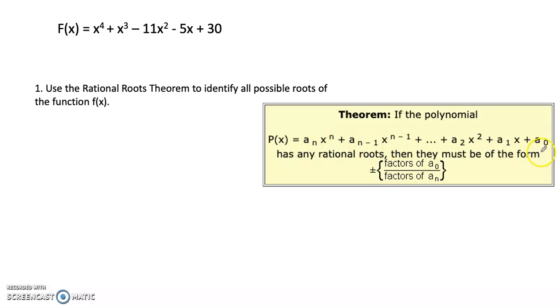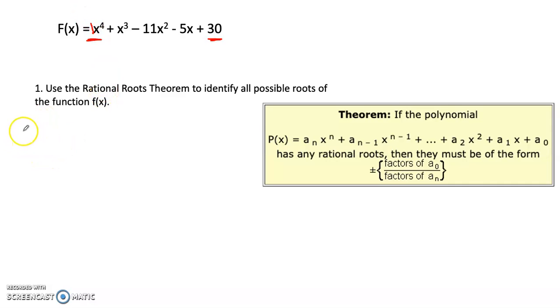So if we take the factors of our constant over the factors of our first term, and simplify them, this will give us all the possible rational roots. So a0 in this example is 30, and an in this example, well, x would have a coefficient of 1 right there.